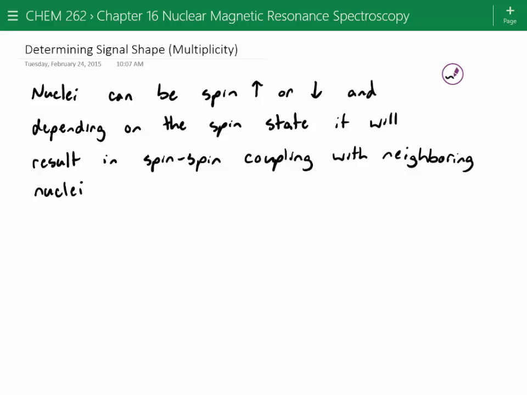Normally, organic chemists are interested almost exclusively in proton NMR spectroscopy and carbon NMR spectroscopy. Occasionally, we may do different sorts of spectroscopy, but in this course, we're only going to be focusing on those two nuclei. So let's take an example here.